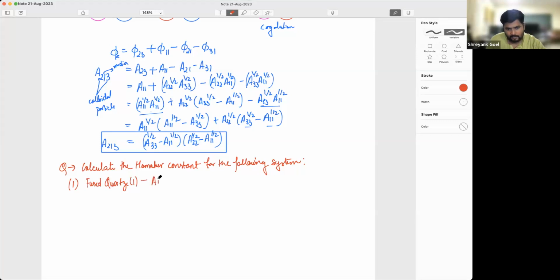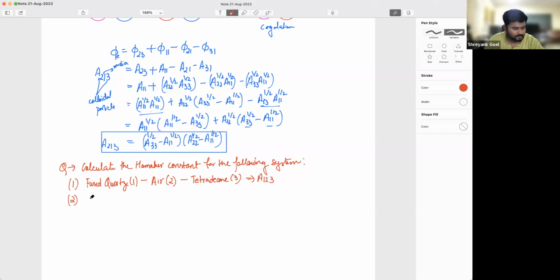Then media is here, and it is interacting with tetradecane. You have to find A1, 2, 3.